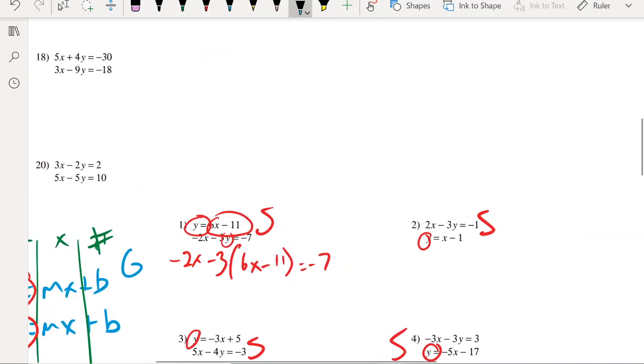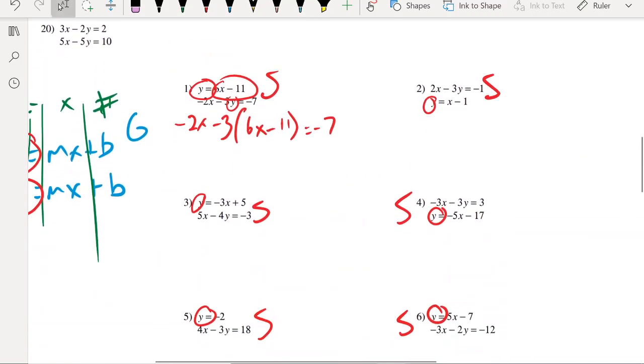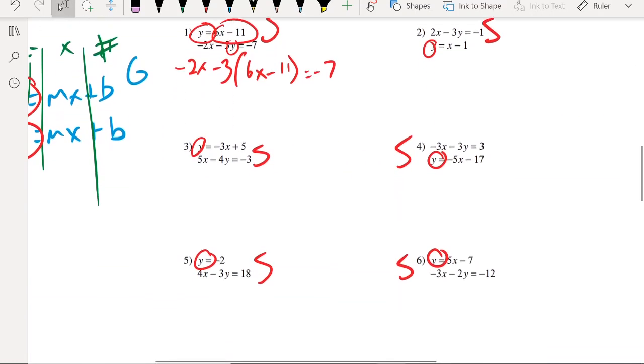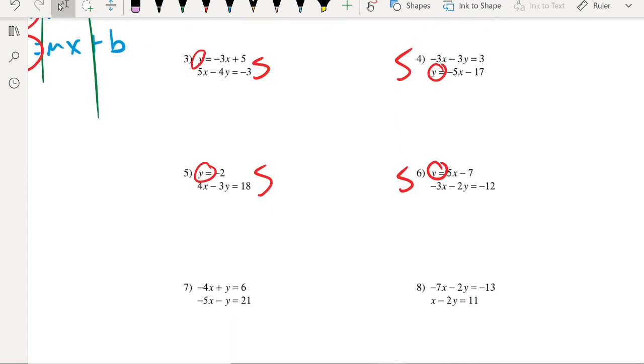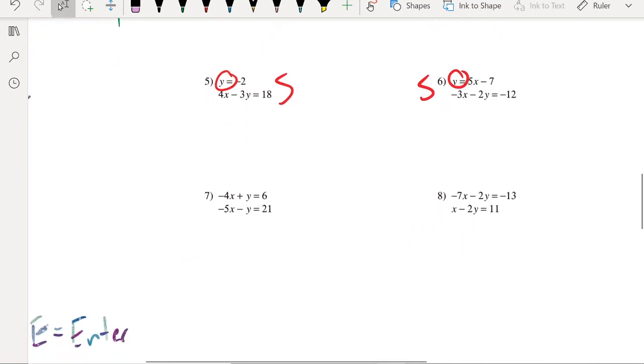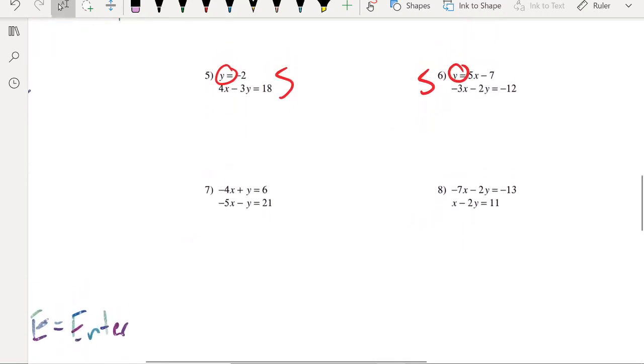All right, let's look at just a couple more examples here. So I have a few y equals problems here. Let's see if I can find one. They don't really have one where they have two y equals on here. This one actually is really good for elimination because look right there, that y eliminates really well.